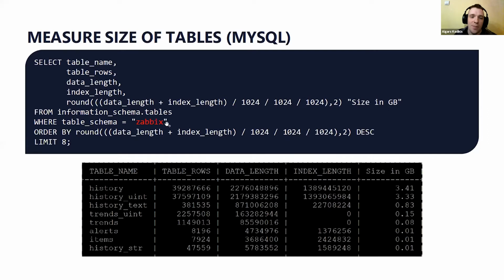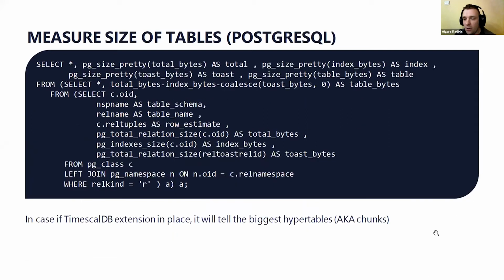Just run the query, making sure the database is the one you have configured for the backend or the frontend. In the output it shows the tables, history_uint, text, and the size, 3 GB, and so on. For Postgres, we also have a technique to list that.